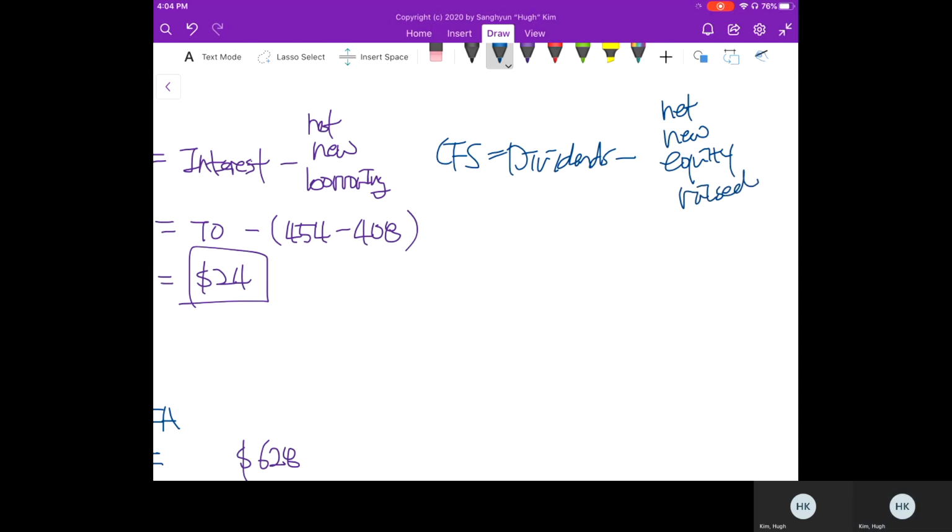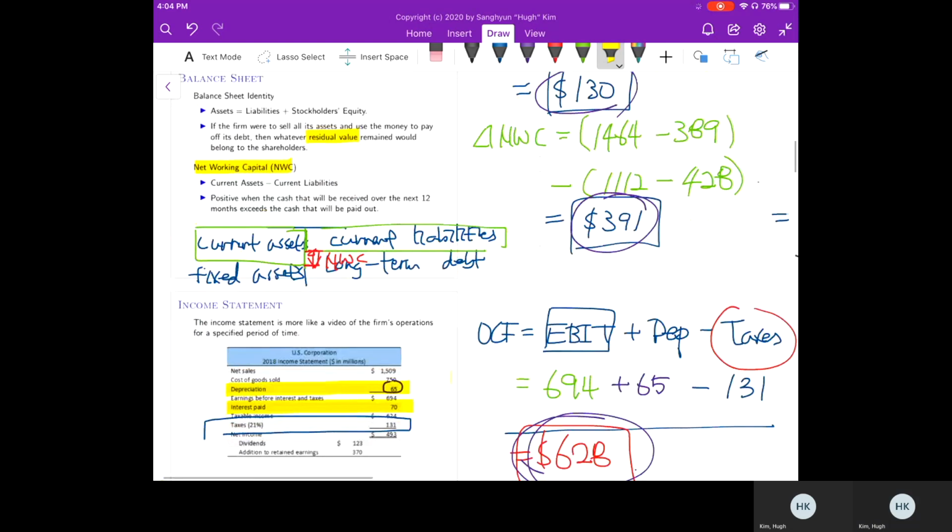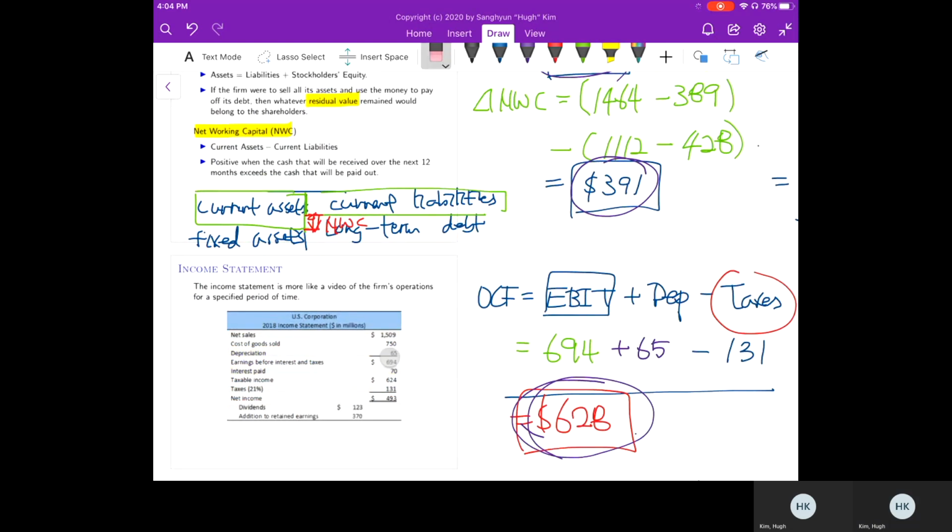Dividends can be found in the income statement. Net income was 493. The firm uses some of it to pay out to stockholders, and the rest of the net income will be added to retained earnings.